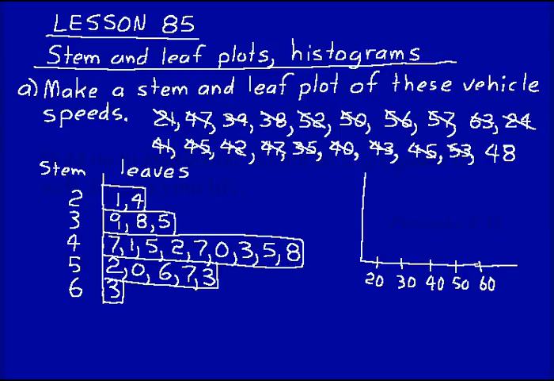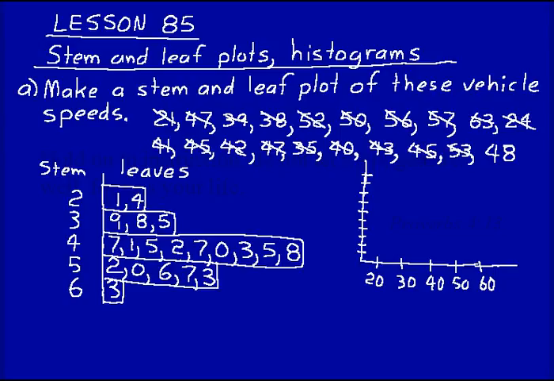In the 20s we had 2, in the 30s we had 3, in the 40s we had 1, 2, 3, 4, 5, 6, 7, 8, 9. That's our largest set, so we need to make our bar graph at least 10 high on the left side, just so we'll have enough room for everything. So let's do 1, 2, 3, 4, 5, 6, 7, 8, 9, 10 tick marks.